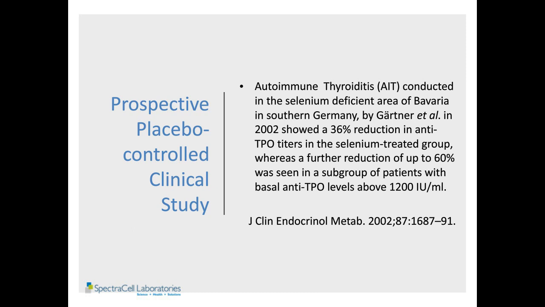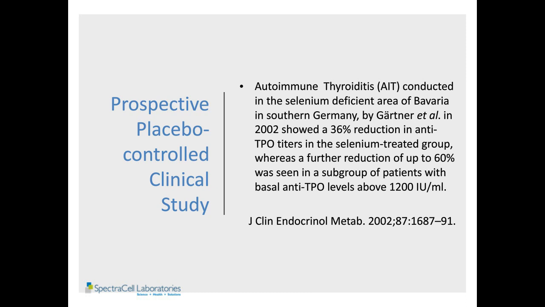And so once again, it is very important to keep in mind that if someone does have elevated TPO antibodies, we can do something about it. And one of the nutrients that does that is, once again, selenium.